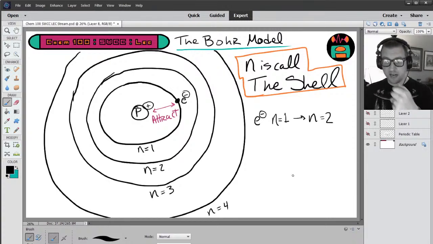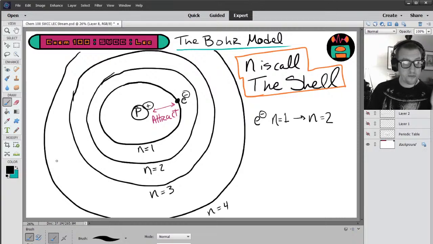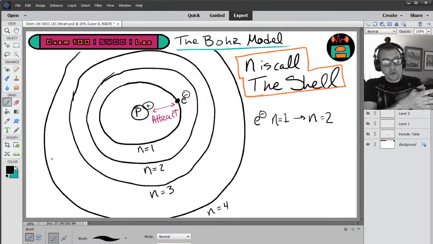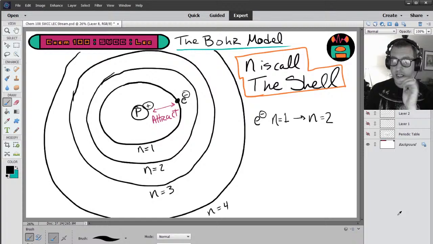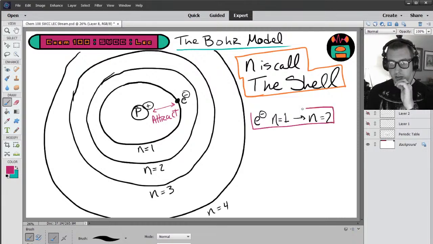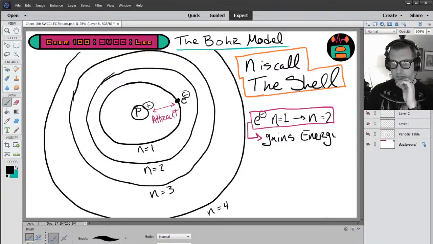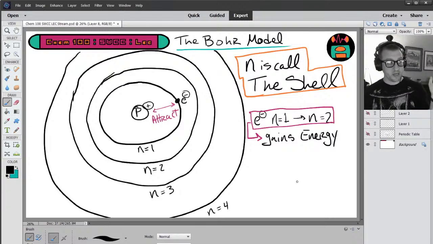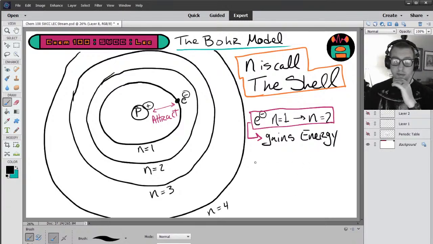You have to invest energy. If you move from the first shell, a lower shell, to a higher shell, that means the electron gains energy, when you go from a lower orbit to a higher orbit.